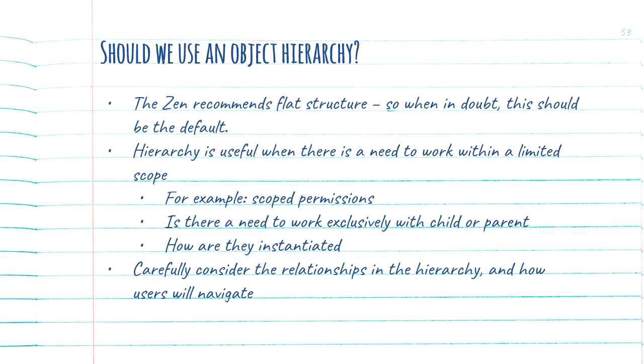And we also need to look at how those two different classes are instantiated. If you do go for an object hierarchy model, be very careful about how a user perceives the relationship between these models and how they navigate between one and the other.